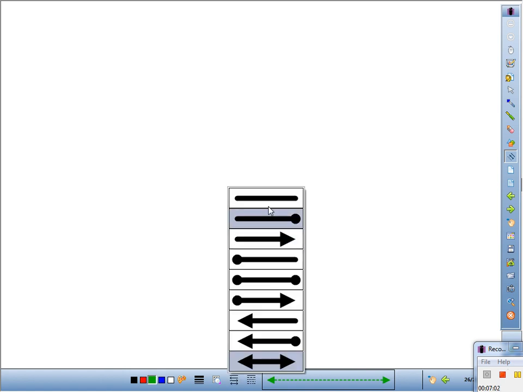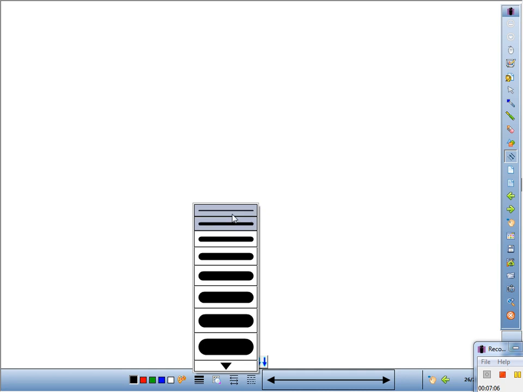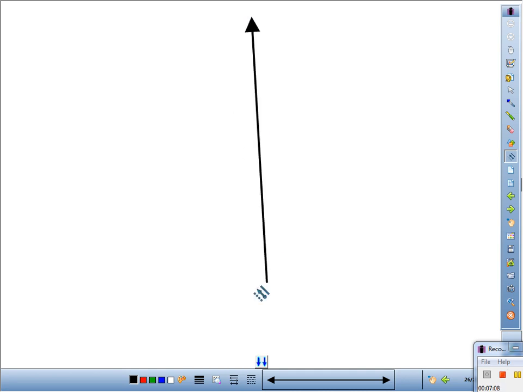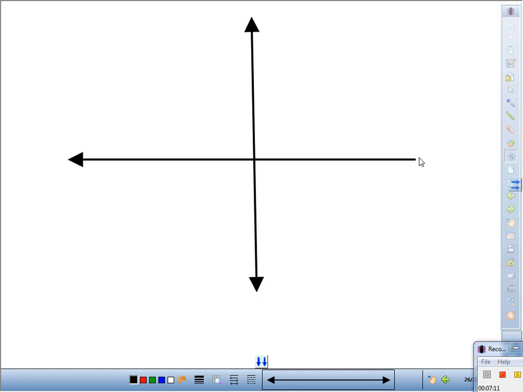Let's say I created my coordinate plane. Here it is. And I'm going to graph a parabola. Ready? Focus. I'm going to graph my parabola.